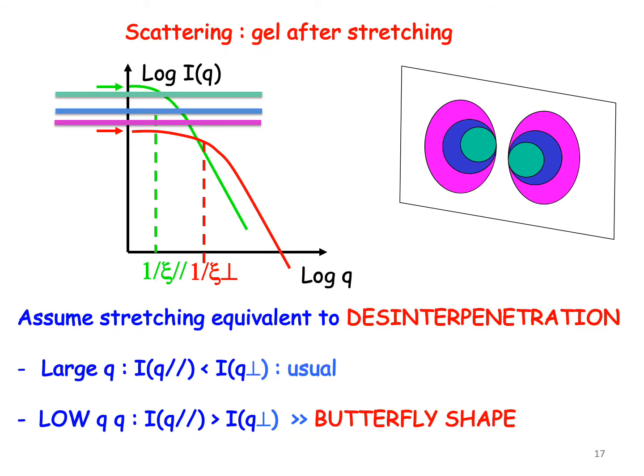Because the intensity along the parallel direction is larger, some branches of intensity are seen only along some directions which are close to the parallel one and are not seen along directions which are close to the perpendicular one. This is the origin of this strange shape called the butterfly shape.